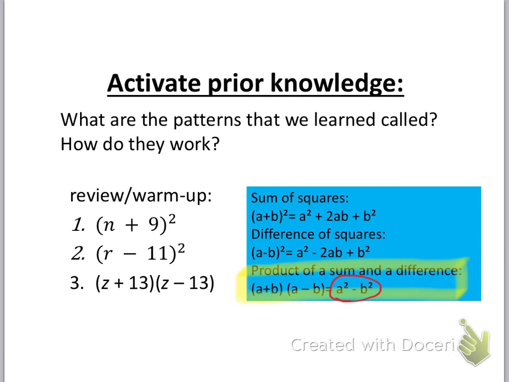Okay, so that's going to be this pattern that we are looking at. So we're going to be going backwards today. We've been able to do products, but today we are factoring.